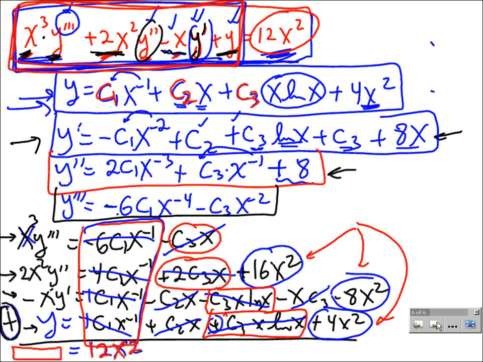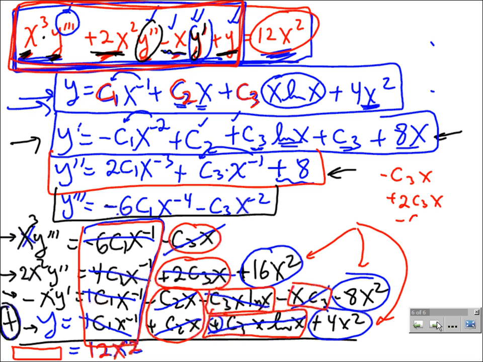Actually, all the terms that had C3 canceled out, including that one there. And then these 2 terms had C2. They canceled out.